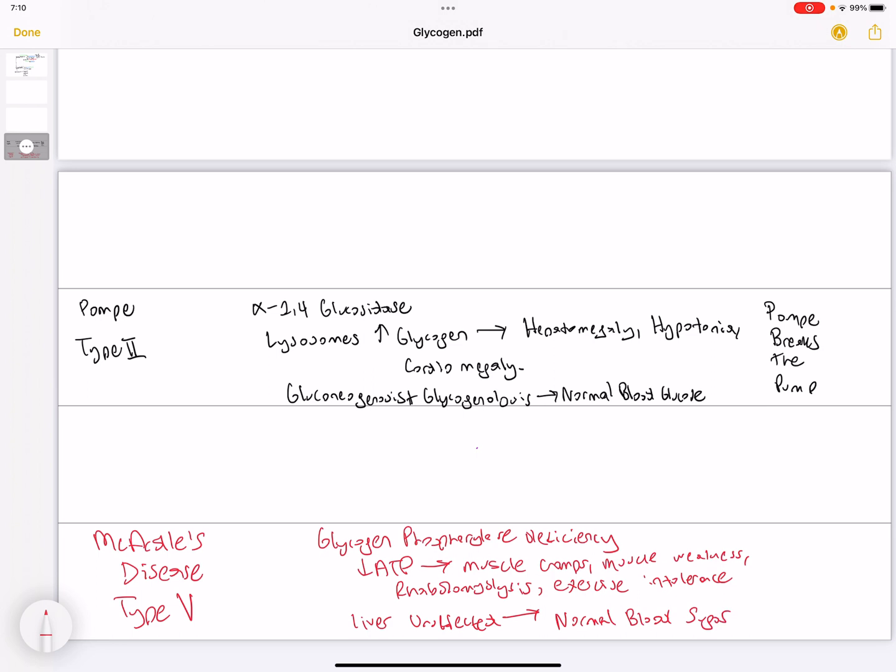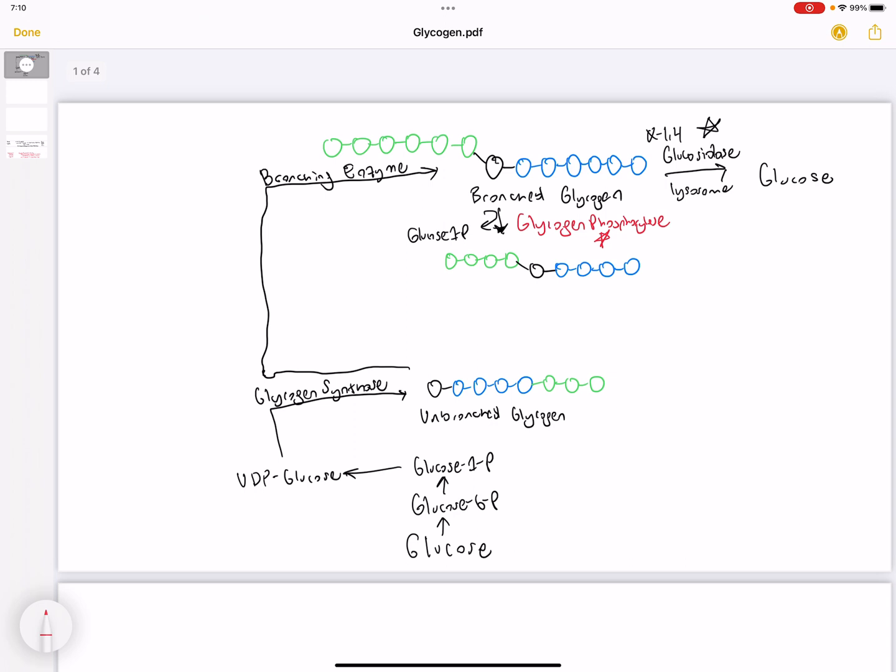Now, it is important to realize that Pompe disease and McArdle disease are going to present with normal blood glucose levels. Pompe disease is going to mainly affect the heart, and McArdle disease is going to affect the muscle primarily.